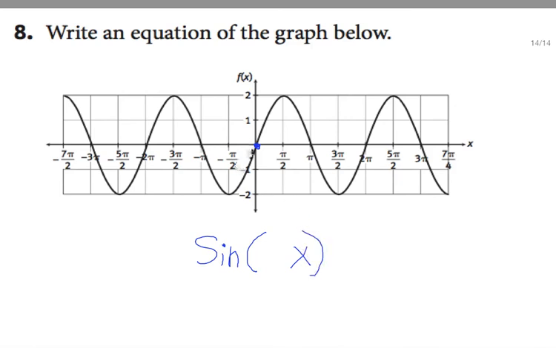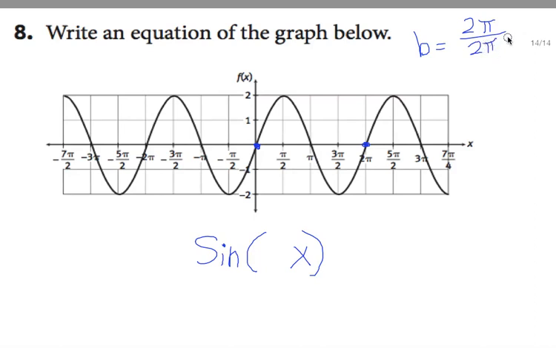I do need to find my B value, so I'm going to start here, go up, go down, and go back here. So my period length is just 2 pi. To find my B value, it would equal 2 pi divided by my period length, which is also 2 pi.